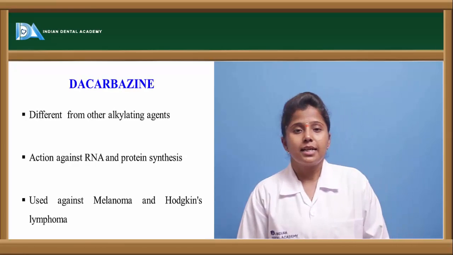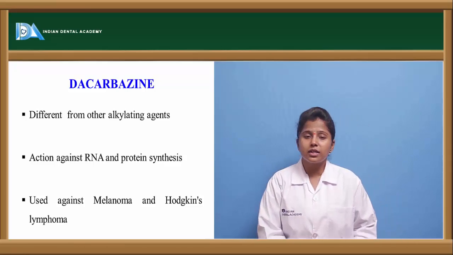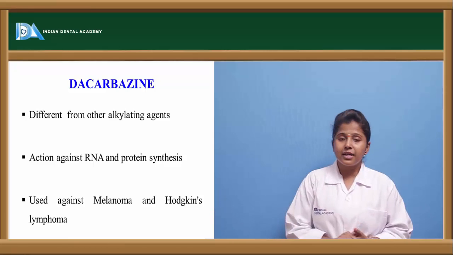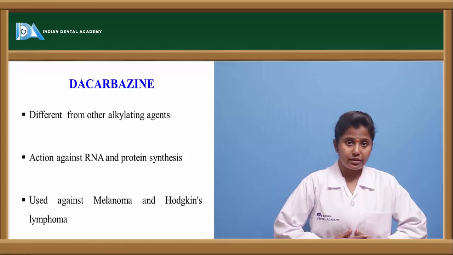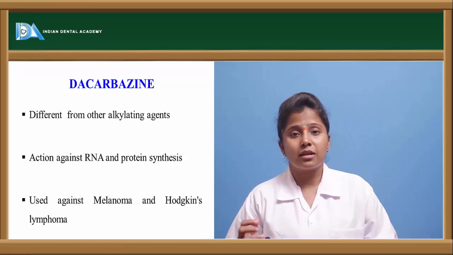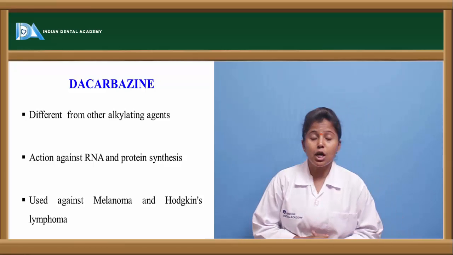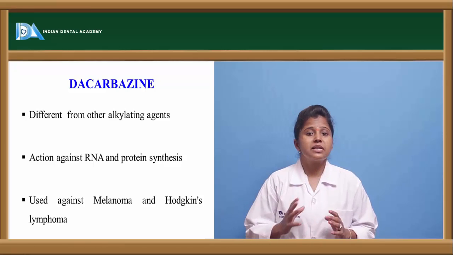The other drug is dacarbazine. When compared to other alkylating agents, this dacarbazine is different. Why? Because it is altering the RNA synthesis and protein synthesis. Till now, these alkylating agents react with the nucleic acids, inhibiting the DNA synthesis. But this dacarbazine interferes with the nucleic acids which are present in the RNA.